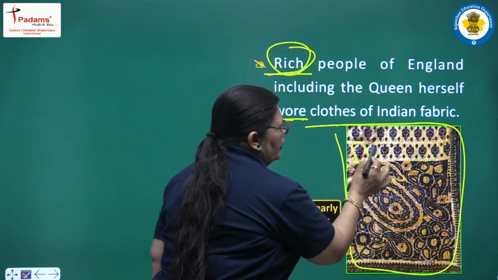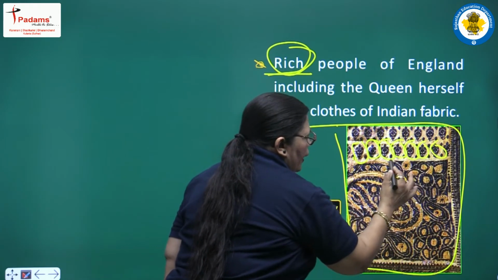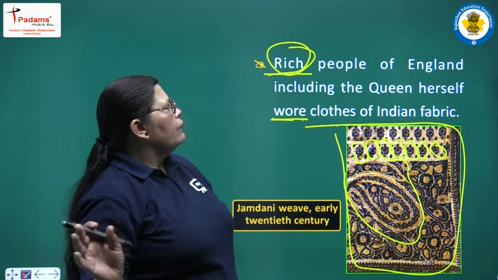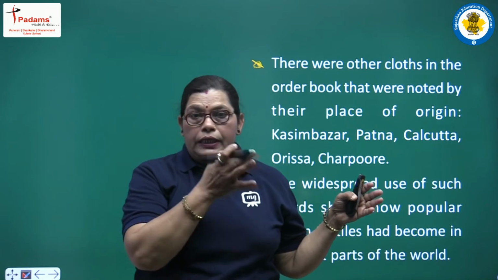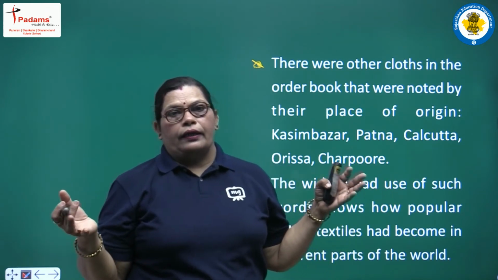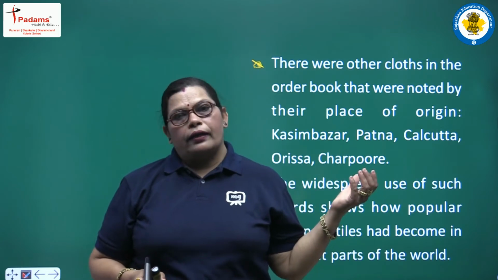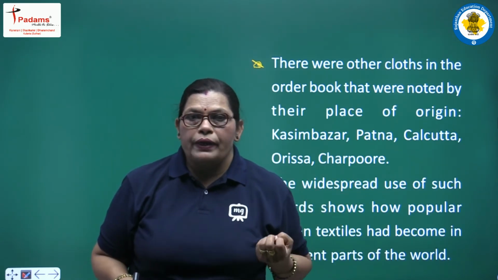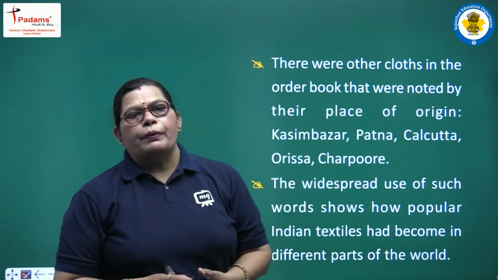Something different, printings were there, and these printings include Jamdani weaves. When we discussed the different types of bandhani, jamdani, seed and flower designs, we learned how our weavers of that time were working with full stamina, so that the Queen of England wore Indian fabrics.